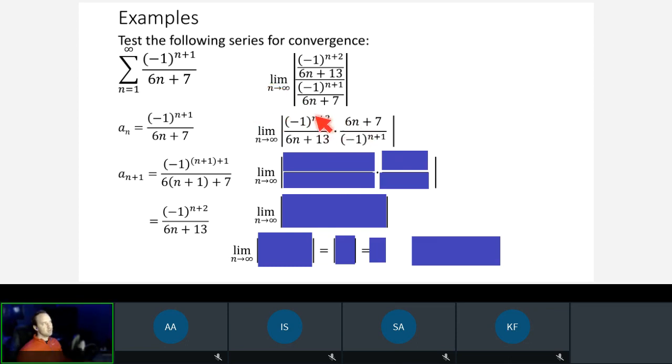Exponent rules. How can I reduce this by 1 to make it match this? Well, I just subtract 1, so we're going to have -1 to the first power, and this becomes n plus 1 for that first factor in the numerator.